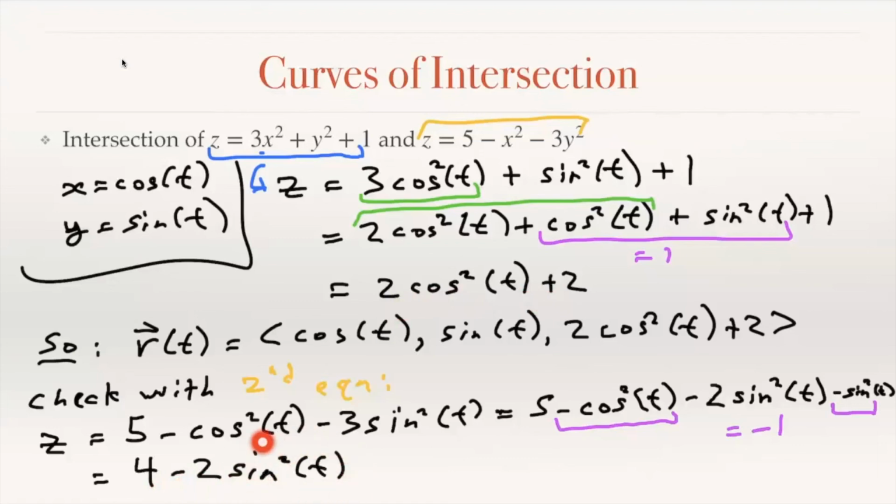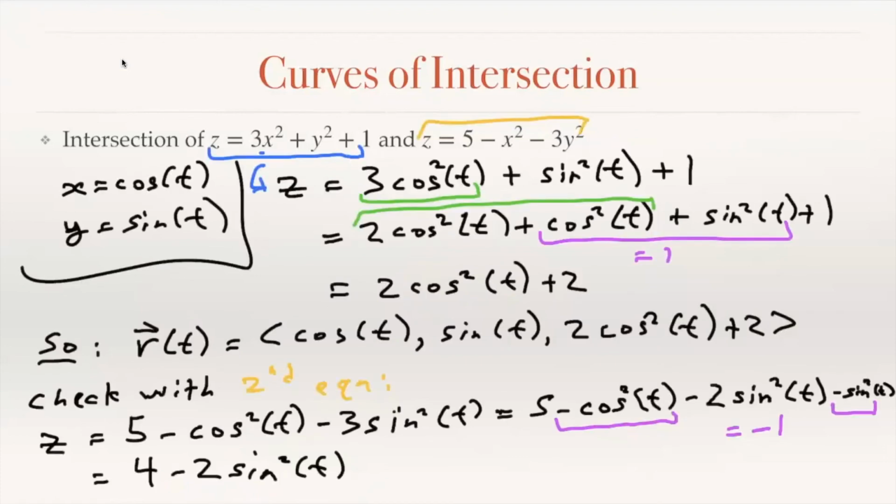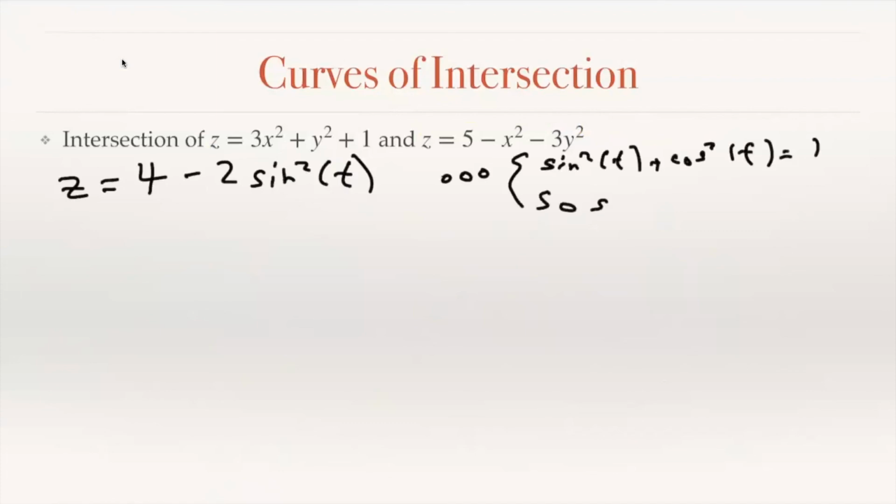Let's transform that sine squared into a cosine squared using the same identity again. Because sine squared plus cosine squared is 1, that means that cosine squared is 1 minus sine squared, or sine squared is 1 minus cosine squared. So from that second equation, we found that z is 4 minus 2 sine squared. And now we're thinking, okay, well, sine squared plus cosine squared is 1. So that means that sine squared is 1 minus cosine squared.